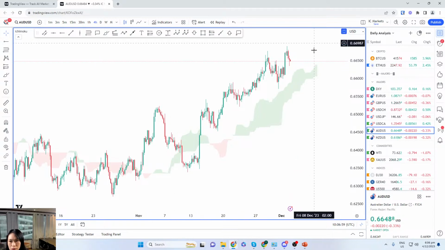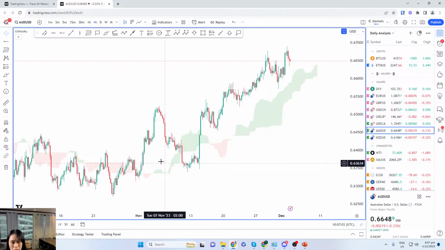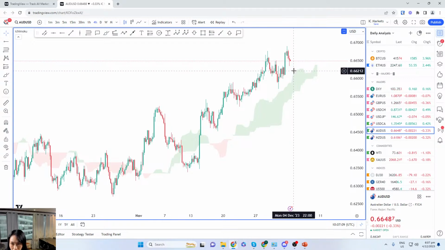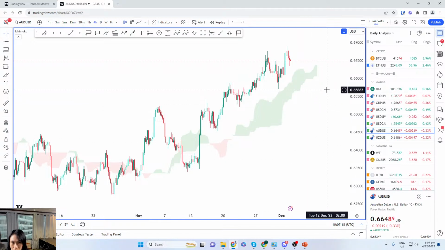If the price is above the Ichimoku cloud, you can take it as currently bullish, and if it goes down below the Ichimoku cloud, it signals the trend has changed and becomes a bearish trend.